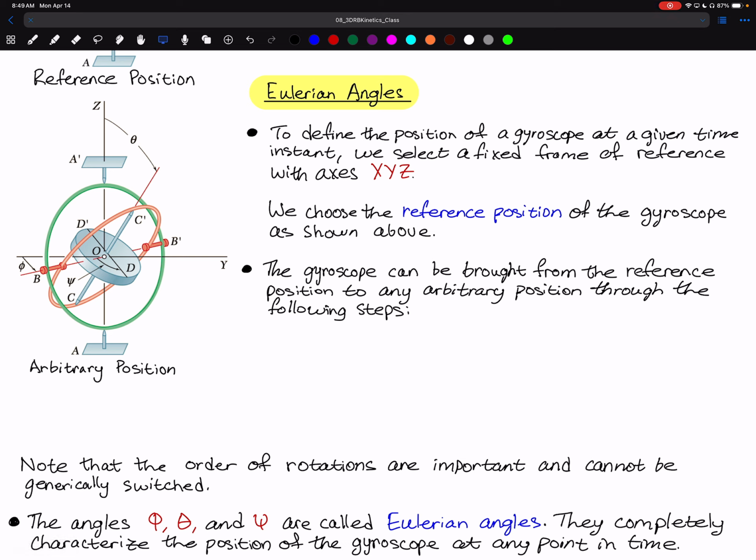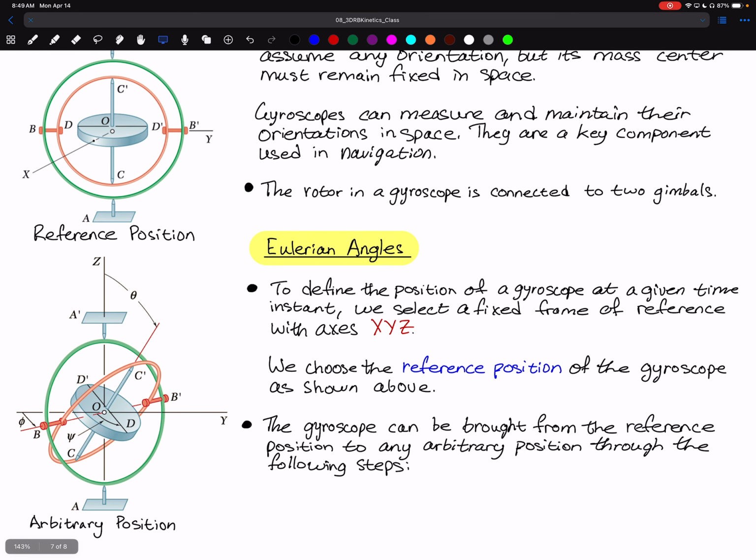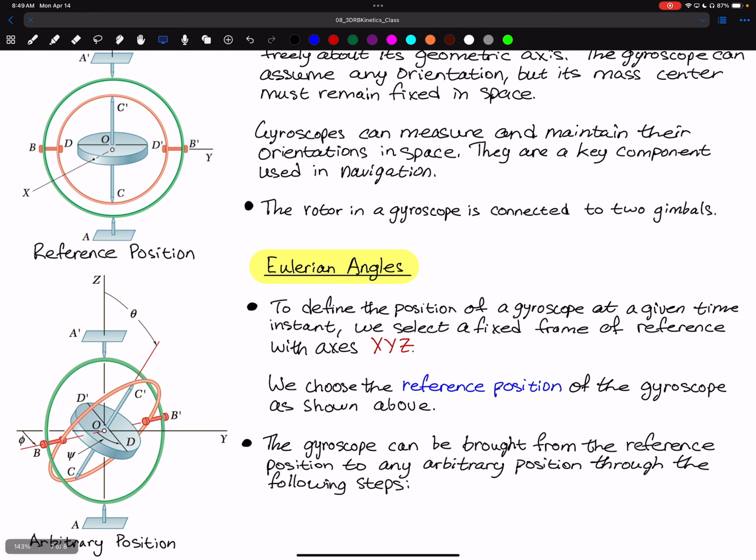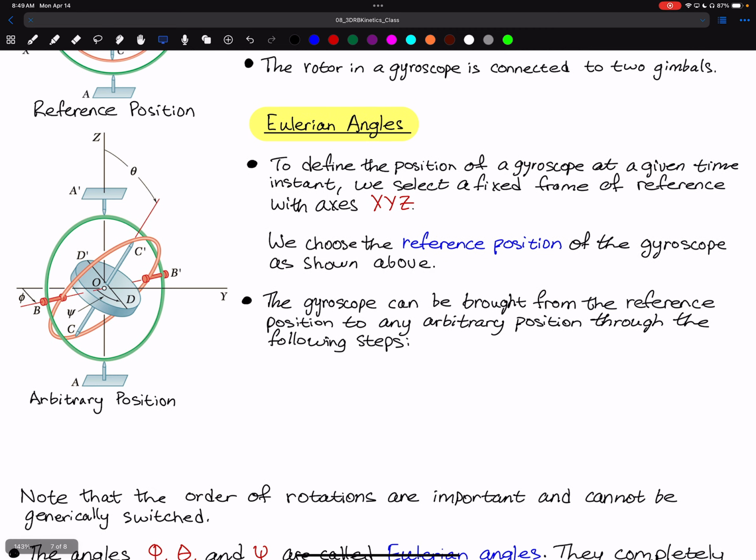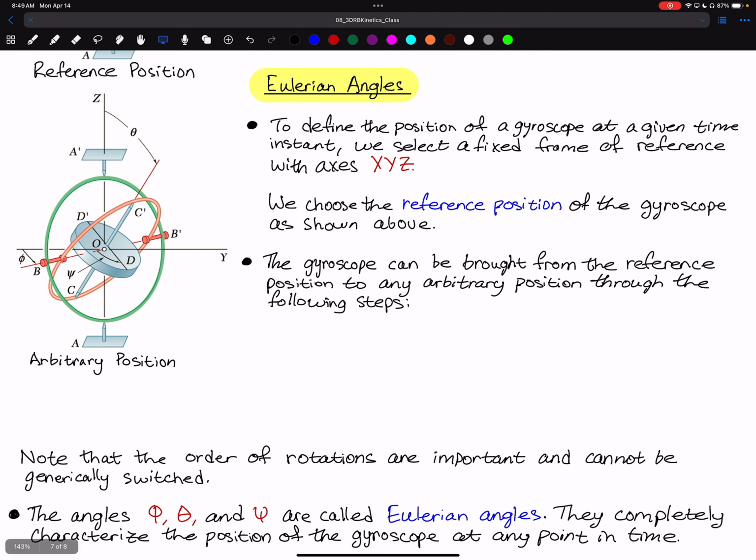We're going to select a fixed frame with reference axes capital X, Y, Z, which was shown above and is shown down here as well, although the x-axis is now missing. We've chosen the reference position above, and we're going to use it to determine the orientation of our rigid body, or of the center of mass.